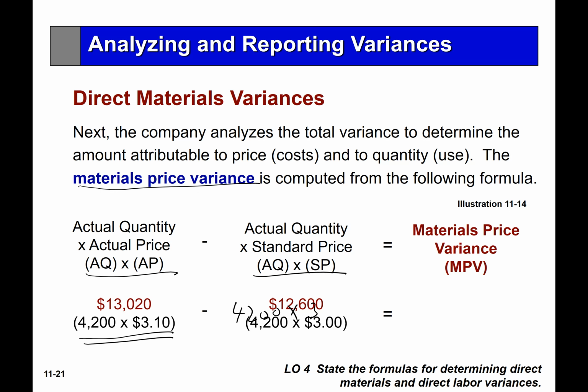This is unfavorable because your actual price is 3.10 and your standard price is $3, so the actual price is higher than the standard price. That's why you have a 420 unfavorable variance. Remember that we always multiply by actual quantity whenever we determine direct materials price variances.